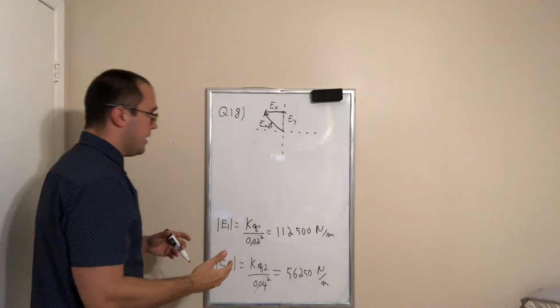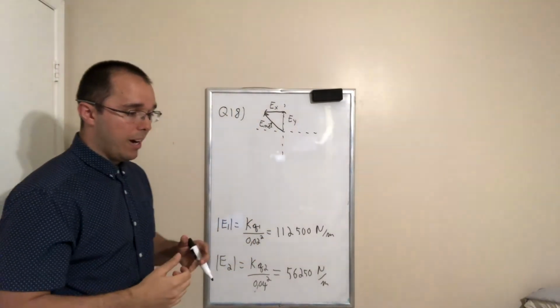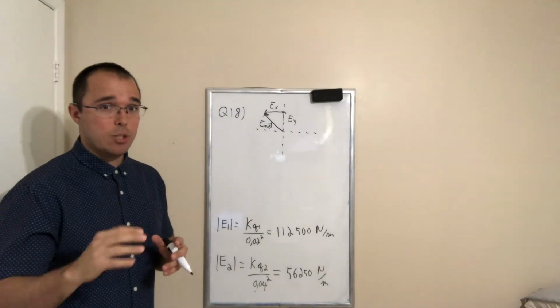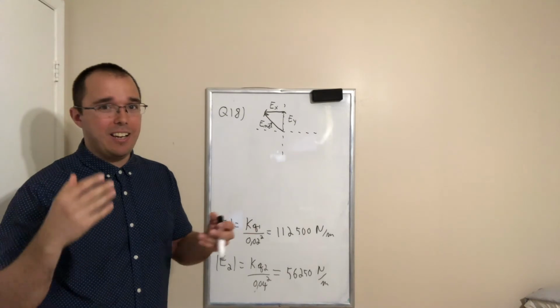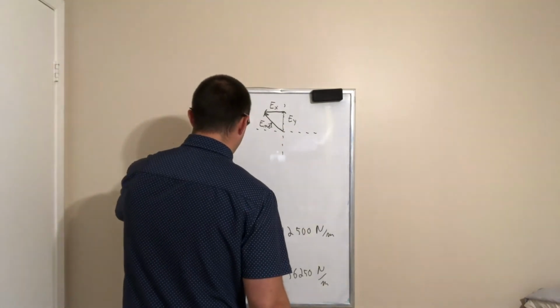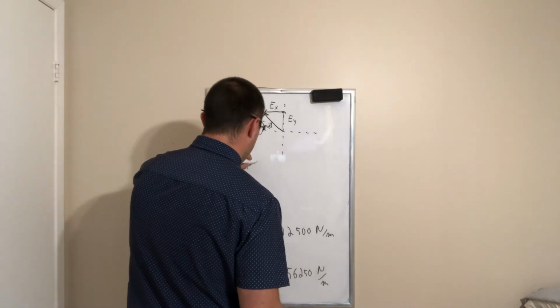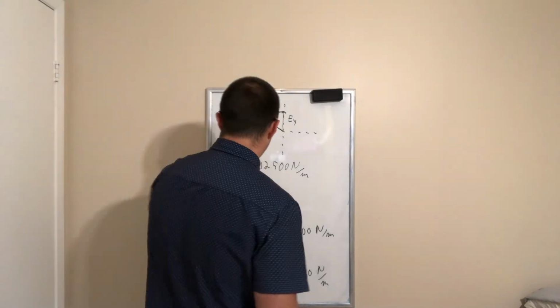Now in this case, because the vector E1 was pointing strictly in the y direction and the vector E2 was pointing strictly in the x direction, we don't need to add the individual components. Basically, the vector E1 becomes our vector Ey. So Ey is equal to plus 112,500 Newton per coulomb.